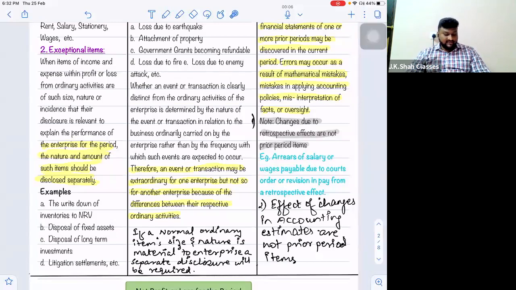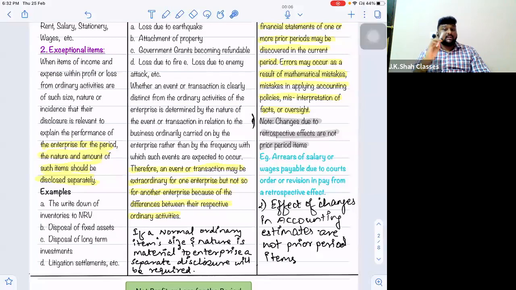And a further point is, therefore, an event or transaction may be extraordinary for one enterprise, but not so for another enterprise because of the difference between their respective ordinary activities. I hope you're understanding this point. So always make a thumb rule to define whether this is an extraordinary item or not.